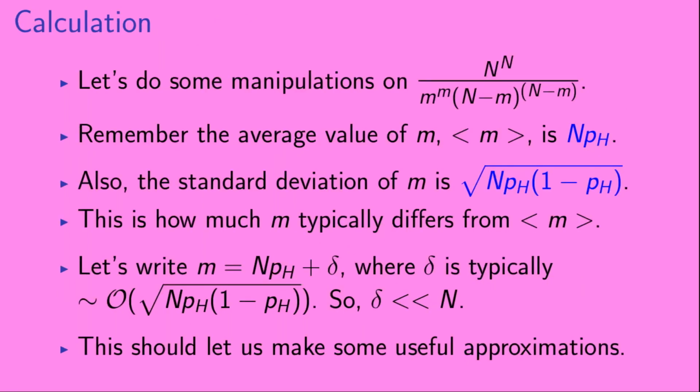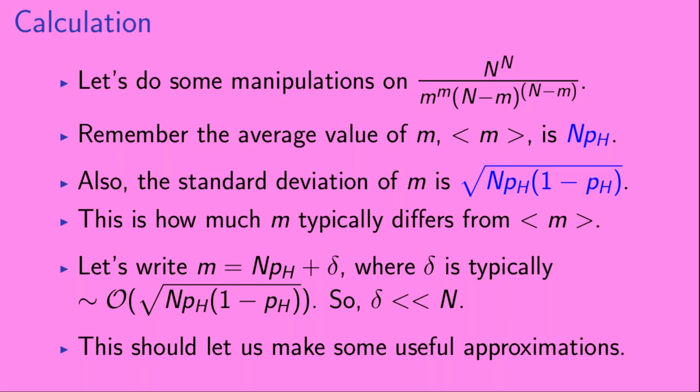Okay, so let's do some manipulations on n to the n over m to the m, n minus m to the n minus m. Now let's remember that the average value of m, written as m in brackets, is equal to n ph. Also, the standard deviation of m is equal to the square root of n ph 1 minus ph.